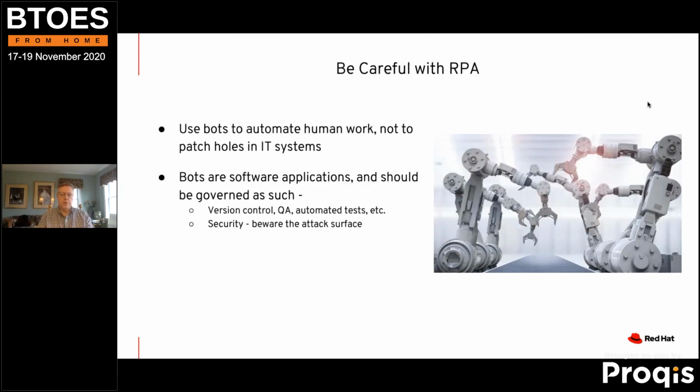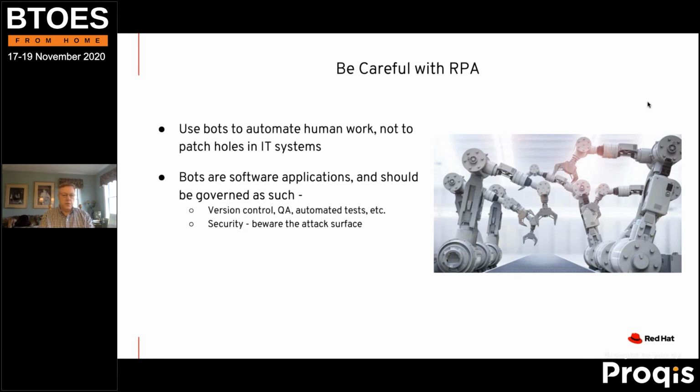There are also some notes around things to be careful with around RPA. The benefit of RPA is that it's extremely easy to build a robot. Anyone can build a robot. That's also a disadvantage. It results in many robots suddenly being deployed around your IT environment.